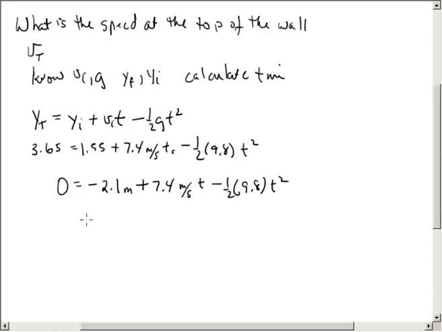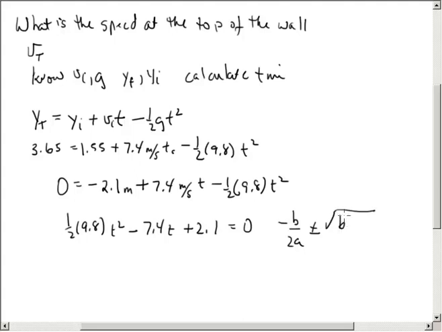Setting up as a normal quadratic equation, we would have 1/2 times 9.8 t squared minus 7.4 t plus 2.1 equal 0. And if you remember the quadratic formula, minus b over 2a plus or minus the square root of b squared minus 4ac over 2a.